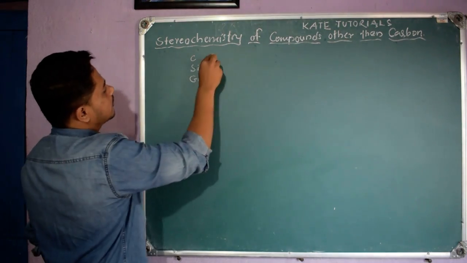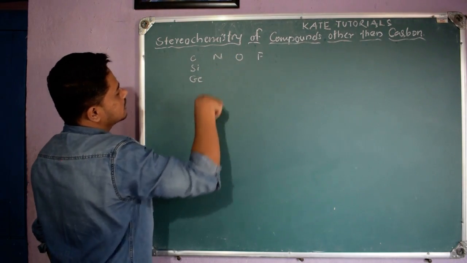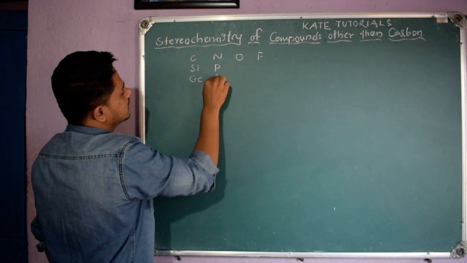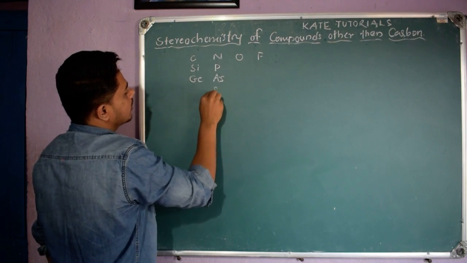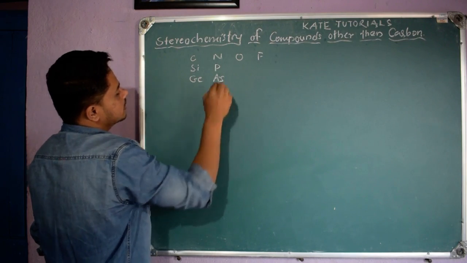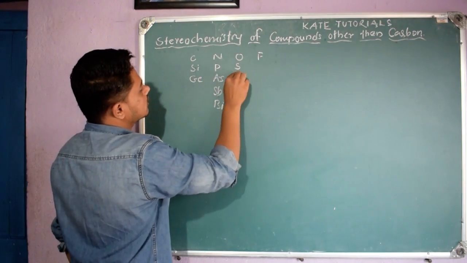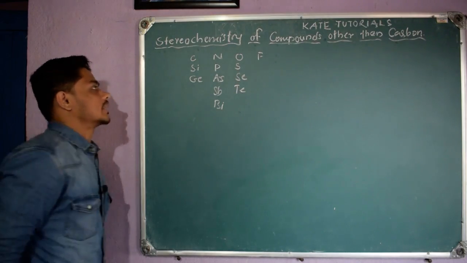Then nitrogen family: nitrogen, phosphorus, arsenic, bismuth. And oxygen, sulfur, selenium, tellurium, like this we will study.